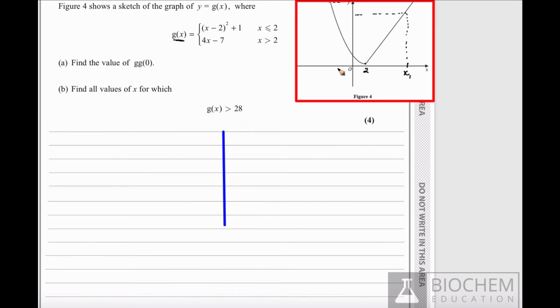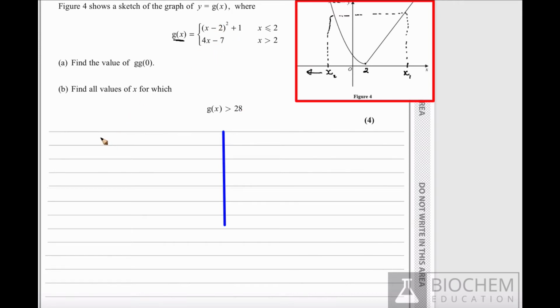For x values less than 2, the curve is also increasing upwards. There will be an x value, let's say x2, that will give us a corresponding y value that is also 28. So for any values of x less than x2, the answer along this graph will always be greater than 28. So in order to solve this question, we will make these equations equal to 28 and solve for x.